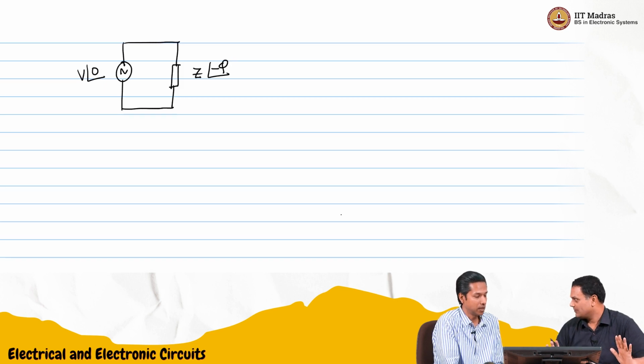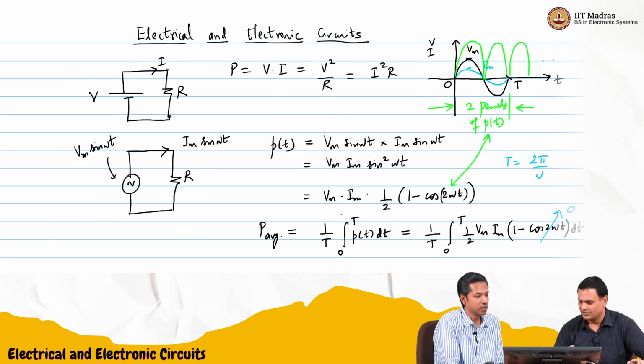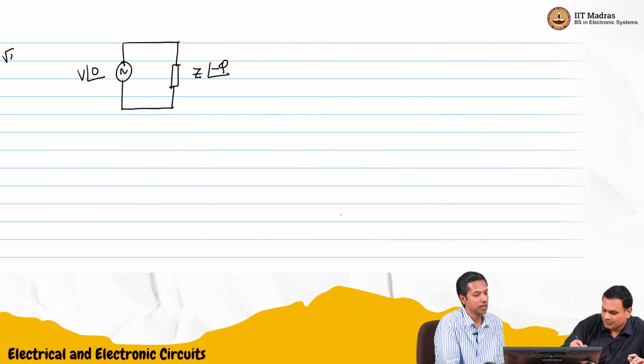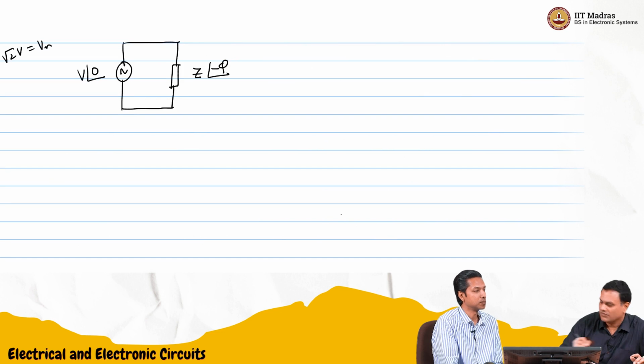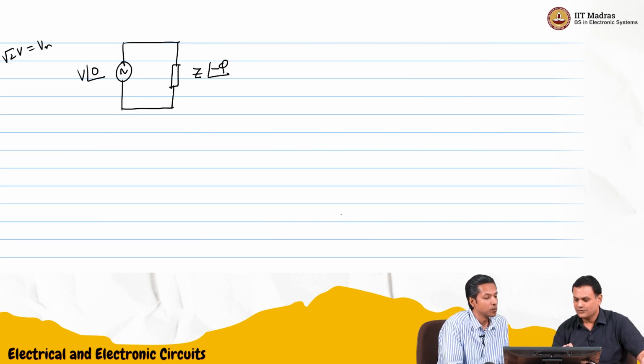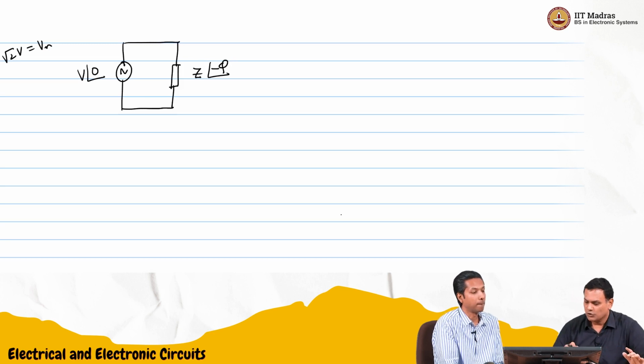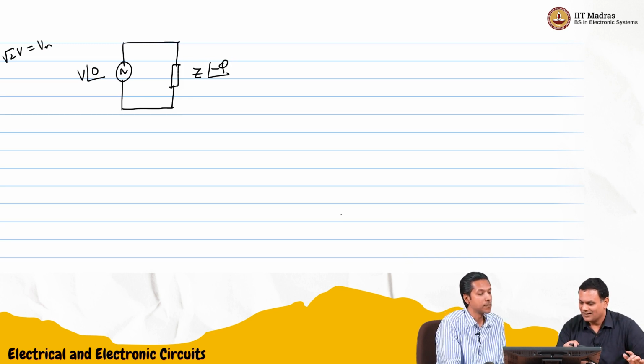We'll follow the same convention as we did here, just for this example alone. Going forward after that, we'll just say it is this. So the input sinusoid is Vm sin omega t.